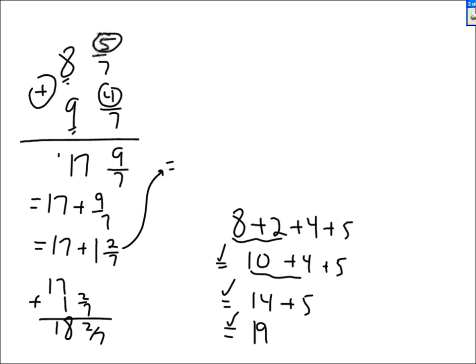Or you can say this is 17 plus 1 and 2/7 means 1 plus 2/7. That's 18 plus 2/7. 18 and 2/7. However you do it, get 18 and 2/7.